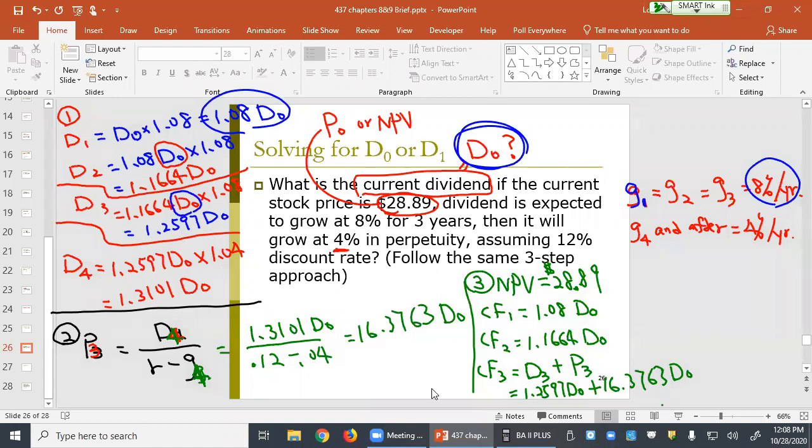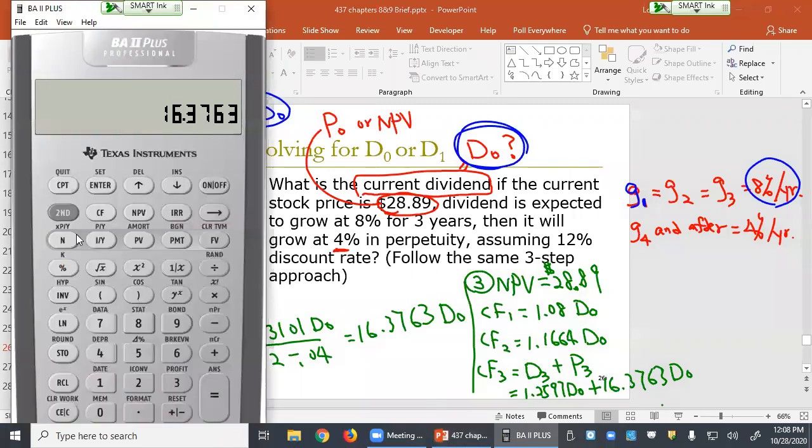Okay, so let's find our net present value. Cash flow, second, clear work. Cash flow 1 is 1.08, right? It should be 1.08 times D0, but again, we will assume that the D0 is not there. So enter, down arrow twice. To enter cash flow 2, we'll enter 1.1664.